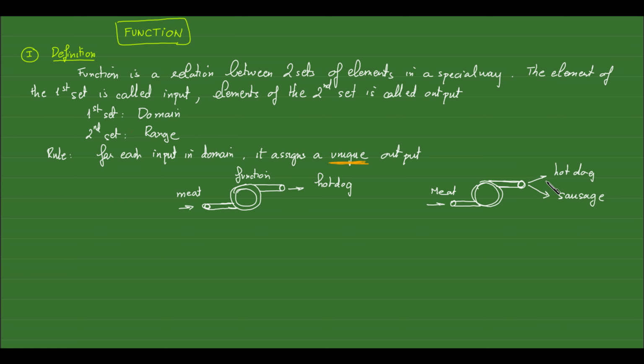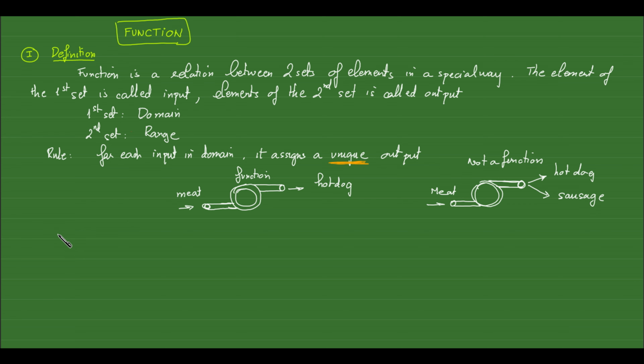Then this is not a function. This machine is not a function. Is that clear to you? It means that for each input you put into the machine, you have only one output. If you have two different outputs, then it's not a function.